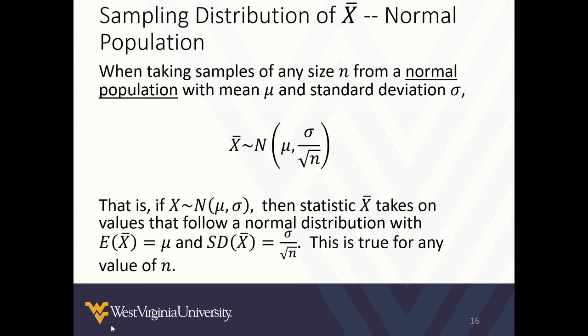And that is only if our x follows the normal distribution with mean mu and standard deviation sigma. In that case, our statistic, our sample mean, takes on values that also follow a normal distribution, again with mean mu and standard deviation equal to sigma divided by the square root of n. And this is going to be true for any value of n.